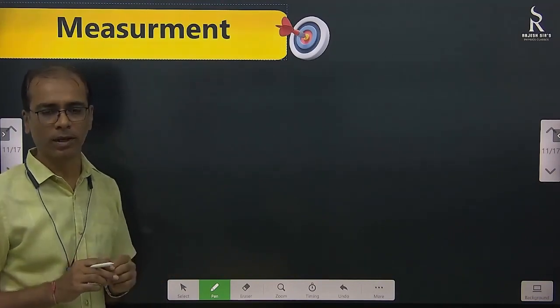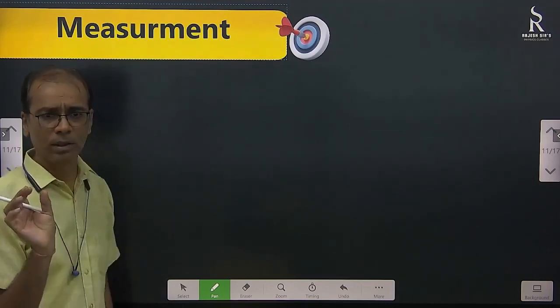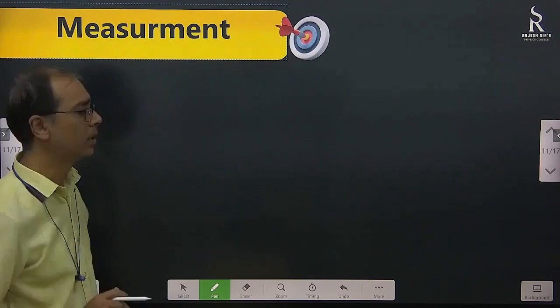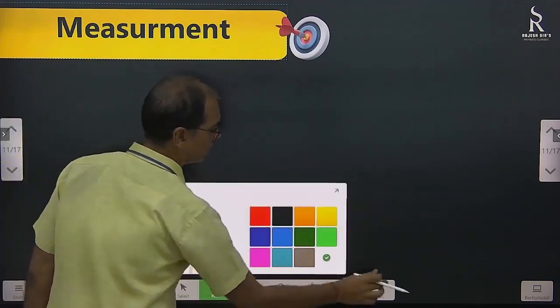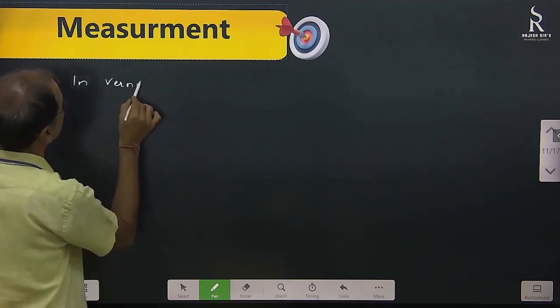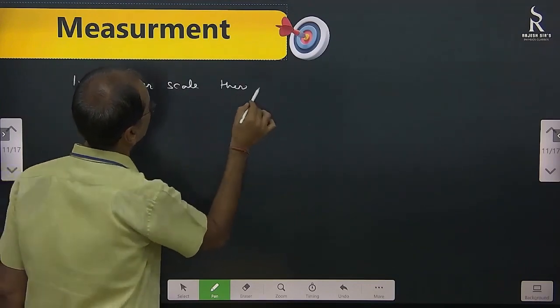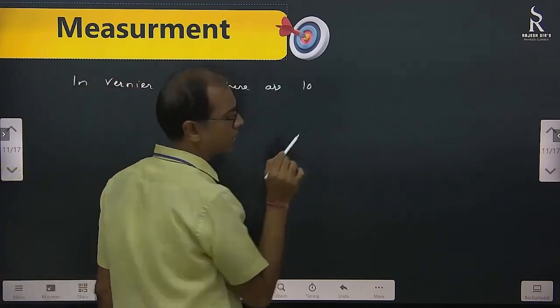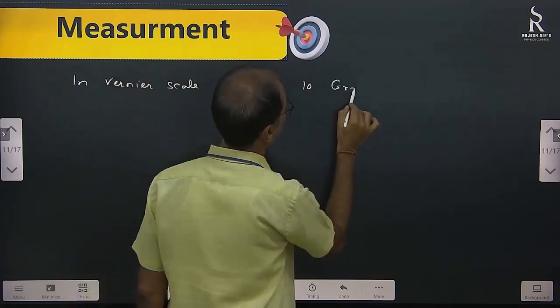Normally, in the vernier scale of the Vernier calipers, there are 10 graduations, that means 10 lines you can see.